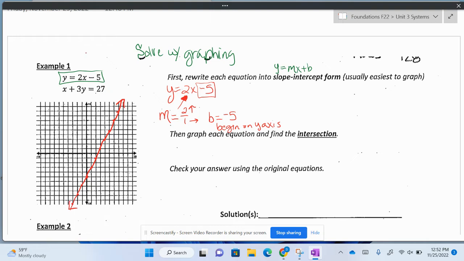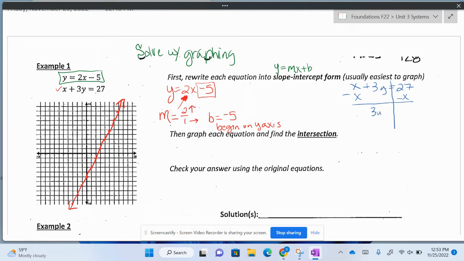Okay. So our second equation is the equation x plus 3y equals 27. We need to solve this in terms of y. So the first thing that I'm going to do is subtract x from both sides.